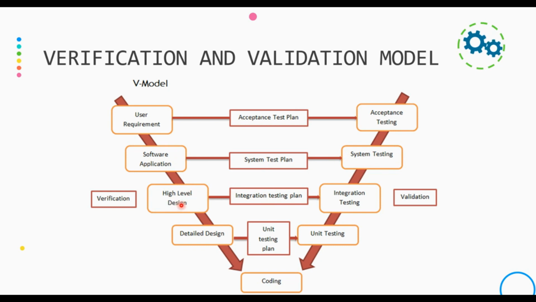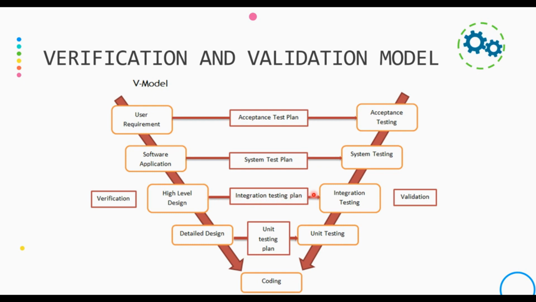Then high level design testing, which is integration testing. Integration means the whole structure will be designed, and planning will be done in this phase. This is a verification phase, and this is a validation phase. Integration testing is testing of the whole product, and how the testing will be done will be planned in this phase only.